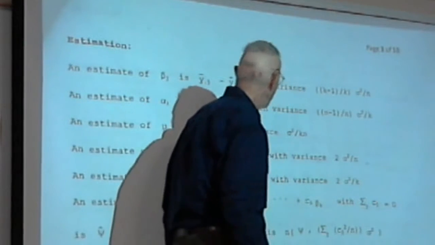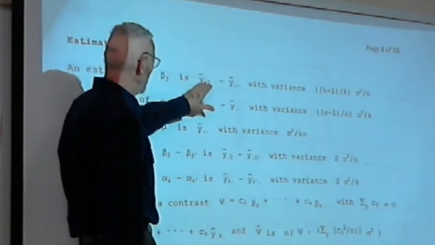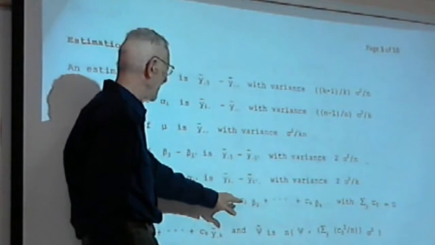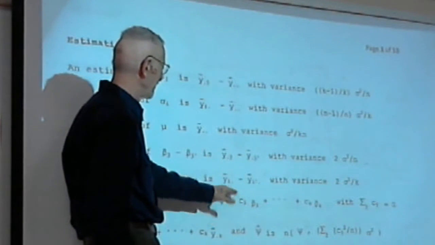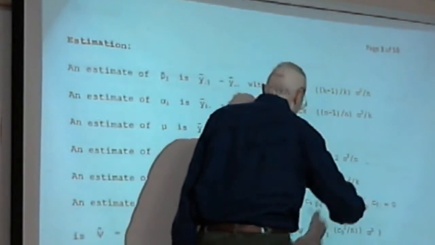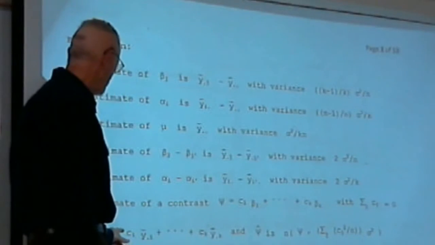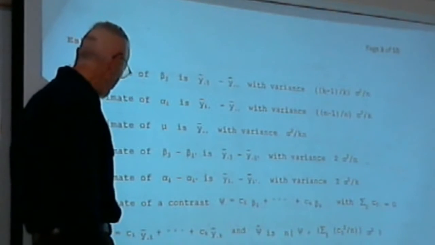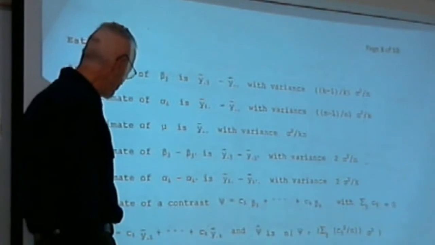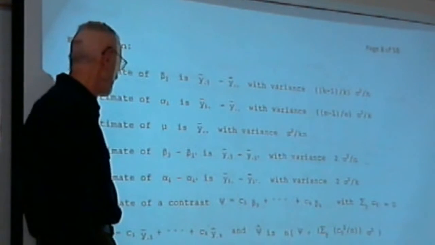So the minus y bar double dots that appear here, when I do the substitution in this line, are going to drop out because of the condition that the sum of the C's is 0. So I'm left with just this. This is called psi hat, the estimate from the data of the contrast psi.